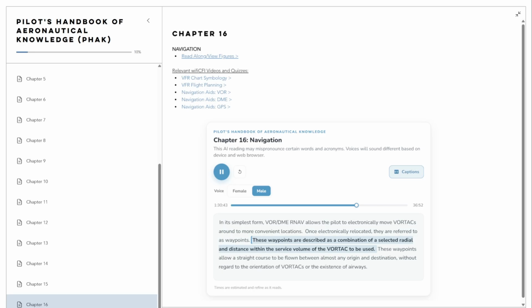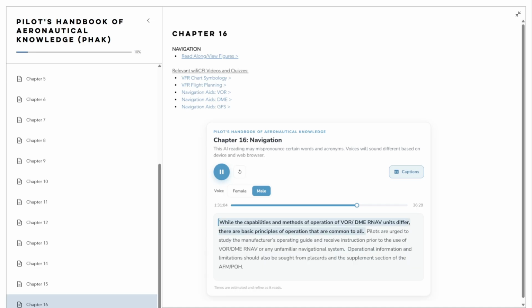These waypoints are described as a combination of a selected radial and distance within the service volume of the VORTAC to be used. These waypoints allow a straight course to be flown between almost any origin and destination, without regard to the orientation of VORTACs or the existence of airways.